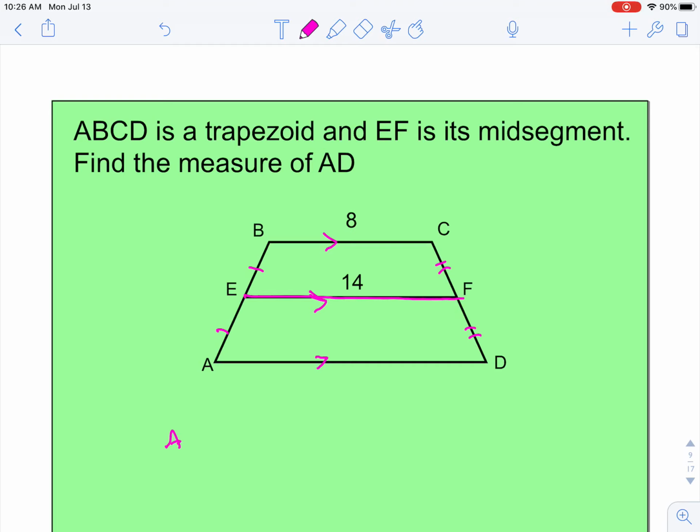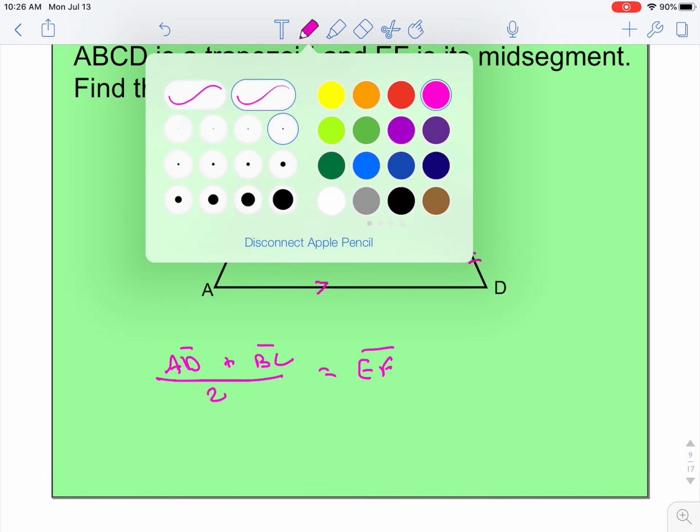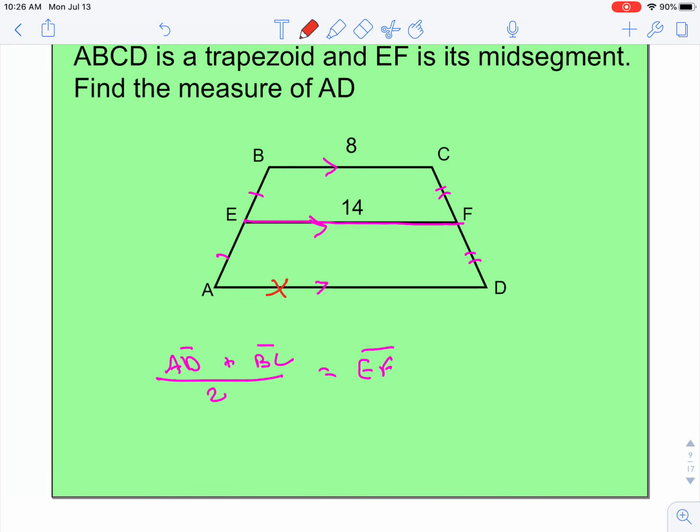So that means that AD plus BC divided by 2 equals the midsegment EF. So now we can just fill in the pieces we know. AD we don't know, so let's call that X. So we have X plus BC, which is 8, divided by 2 equals 14.